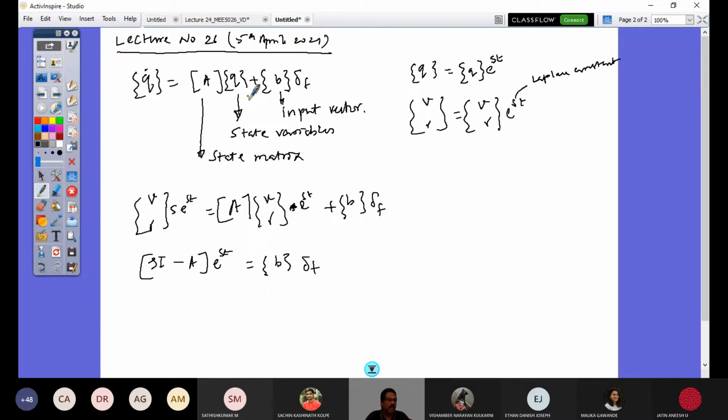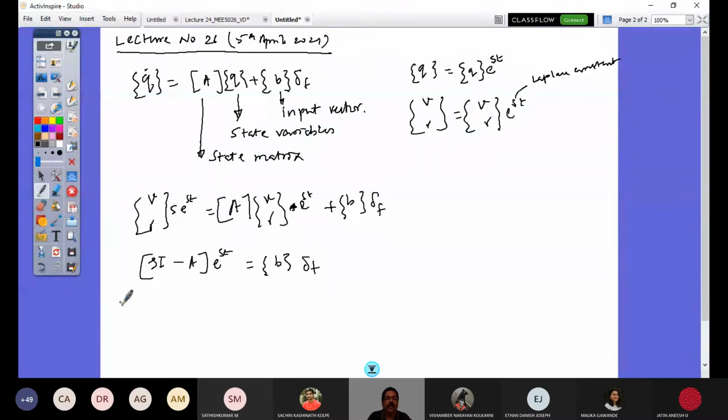If I have my characteristic polynomial, then what can be reduced to an algebraic form? Representing this governing equation, which is in differential form, I can convert into an algebraic form.